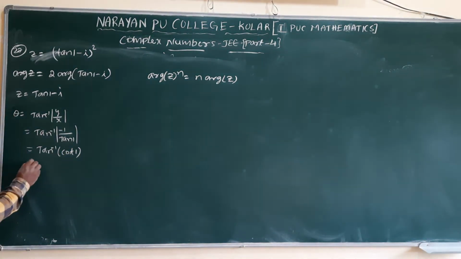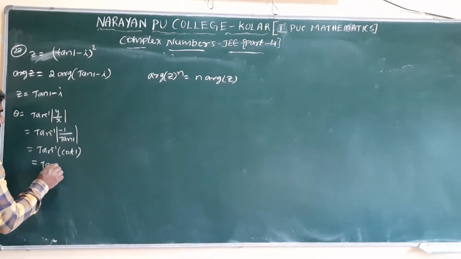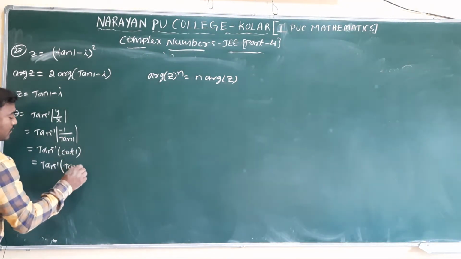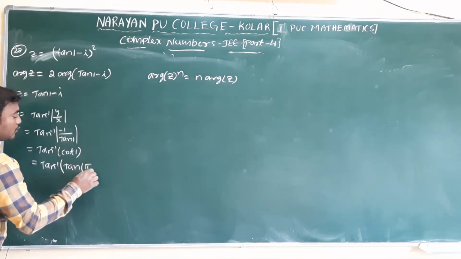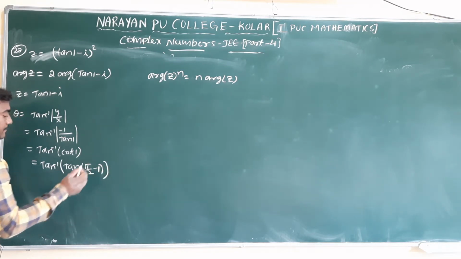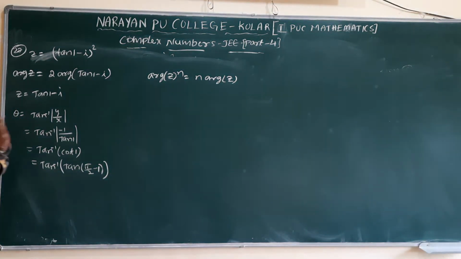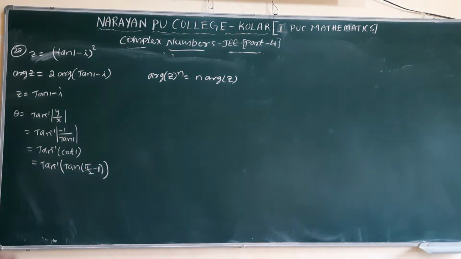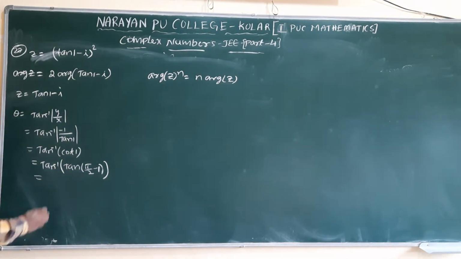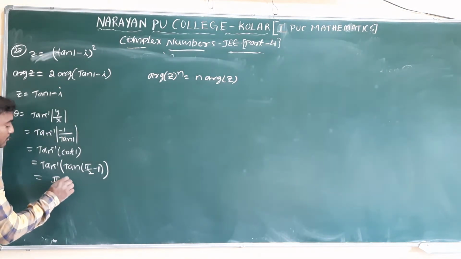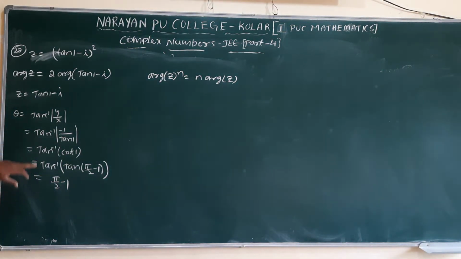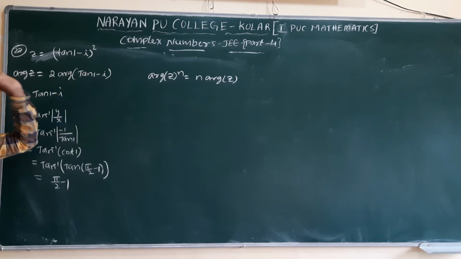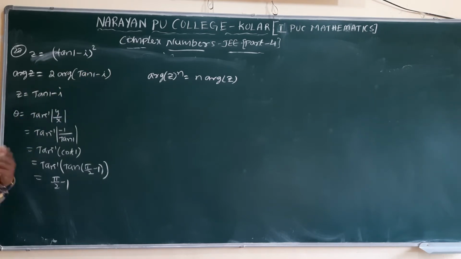So cot is written as tan of pi by 2 minus 1. We already know that tan of 90 minus theta is cot theta in trigonometry. So tan inverse gets cancelled, remaining pi by 2 minus 1. But here the x value is plus and the y value is minus, so it goes to the fourth quadrant.